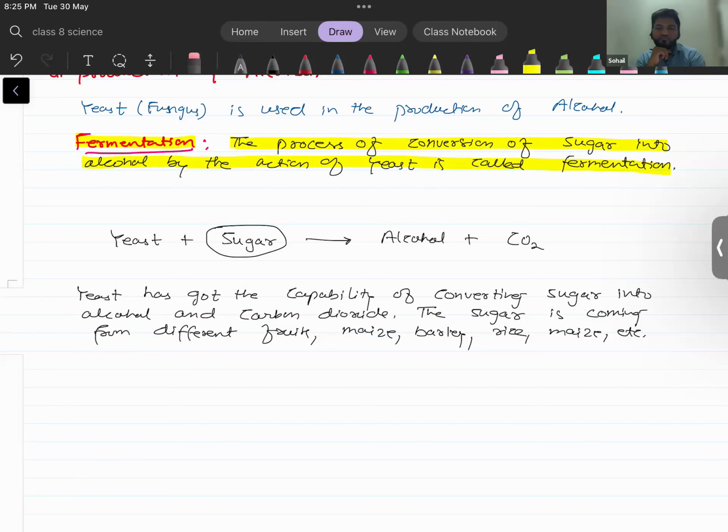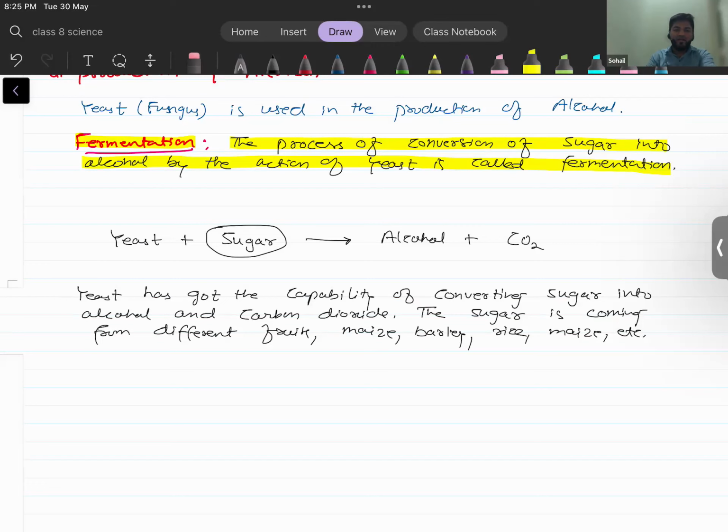The sugar is coming from different fruits, maize, barley, etc. And what is the definition of fermentation? The process of conversion of sugar into alcohol by the action of yeast is called fermentation.